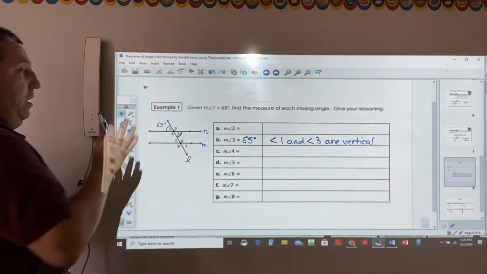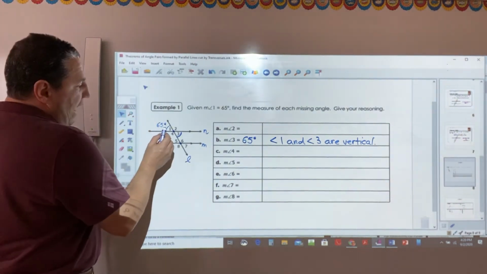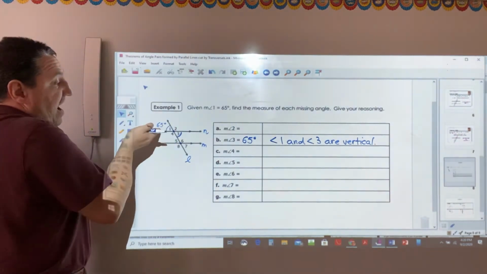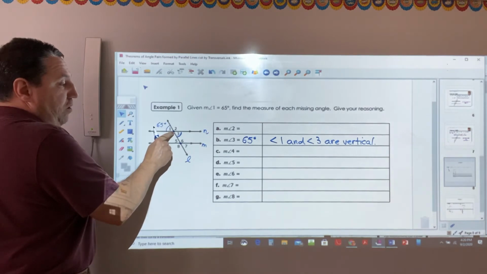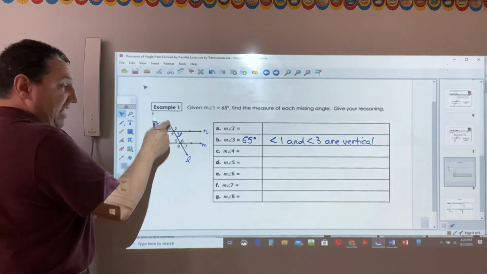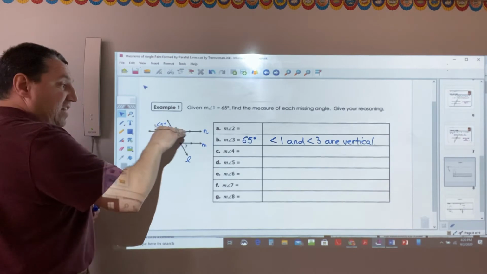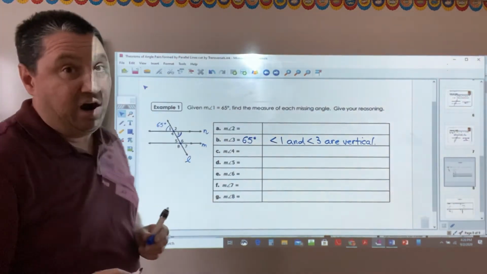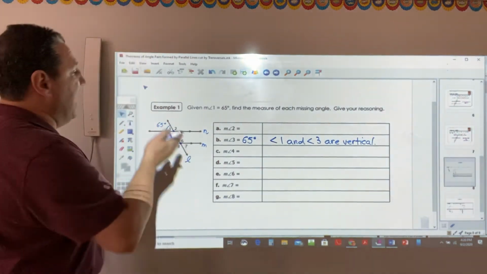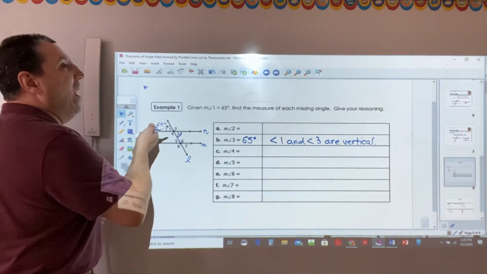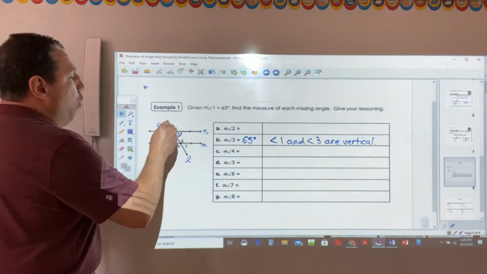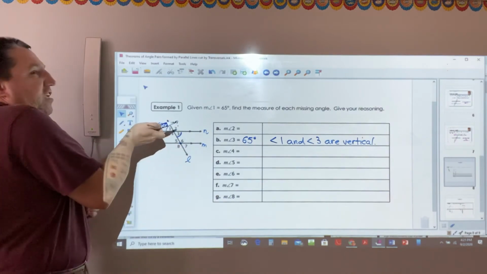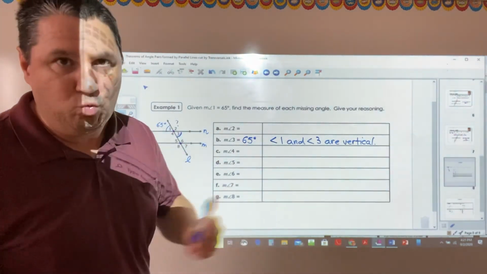Now, next we look at angles 1 and 2. 1 and 2, they are adjacent. Why? Because they share a common vertex and a common side. And they both form a line, which means they are supplementary. So they add up to 180. So how do we find the missing angle? By subtracting 65 from the total, which is 180.